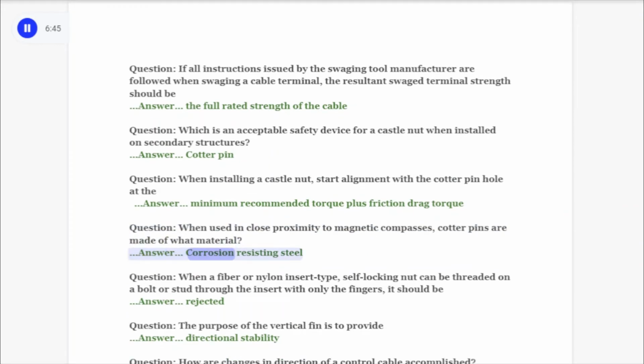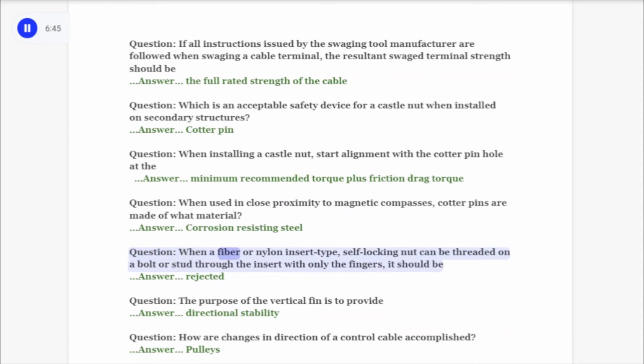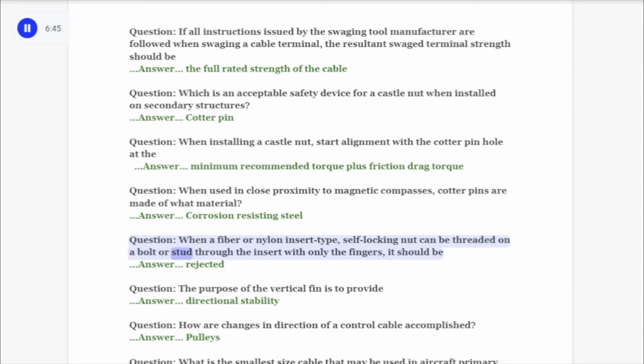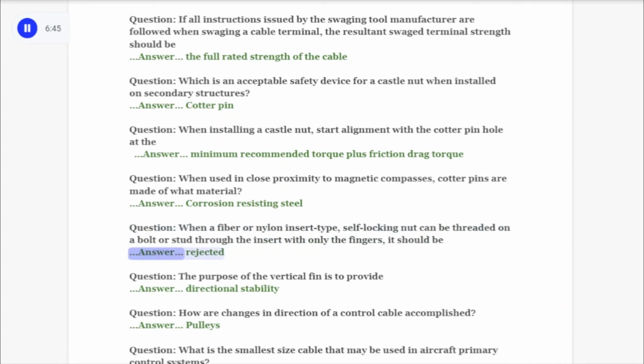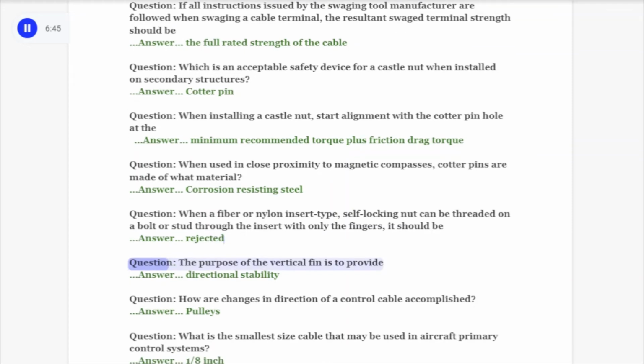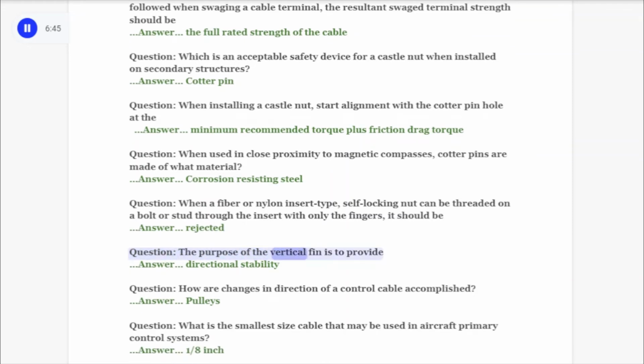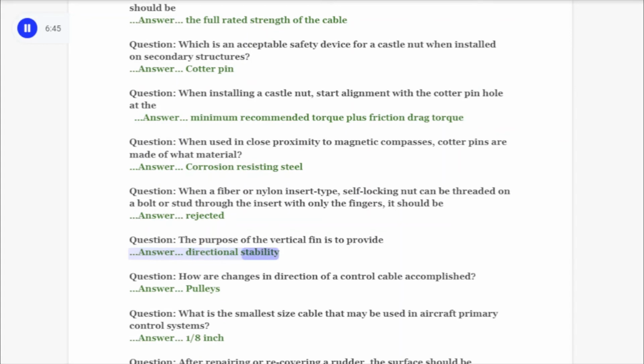Answer: corrosion-resisting steel. Question: when a fiber or nylon insert type, self-locking nut can be threaded on a bolt or stud through the insert with only the fingers, it should be... Answer: rejected. Question: the purpose of the vertical fin is to provide... Answer: directional stability.